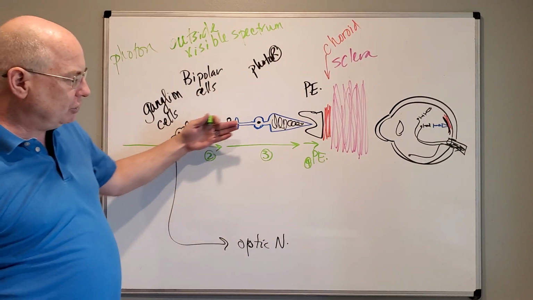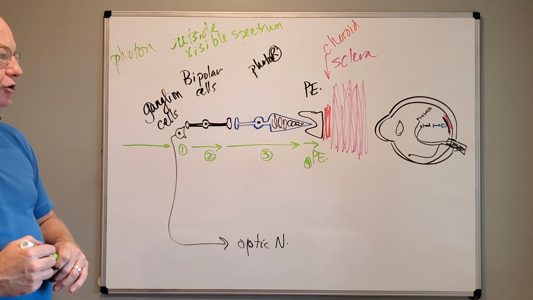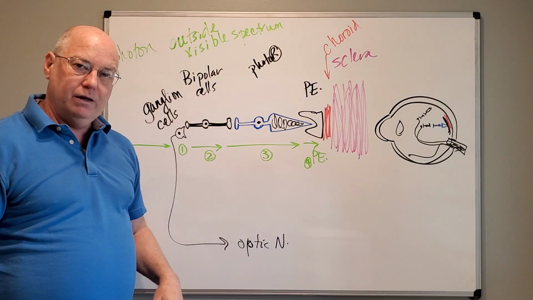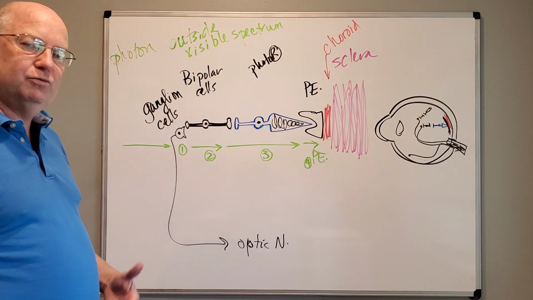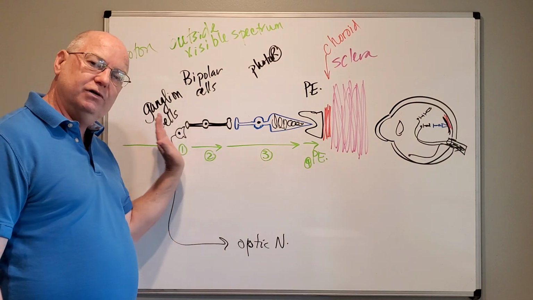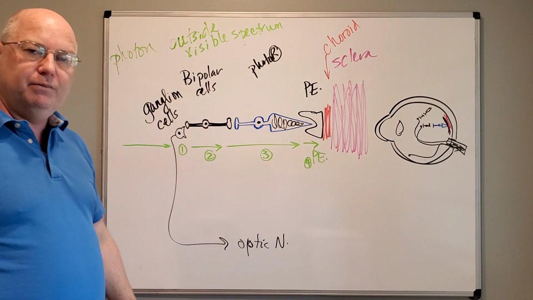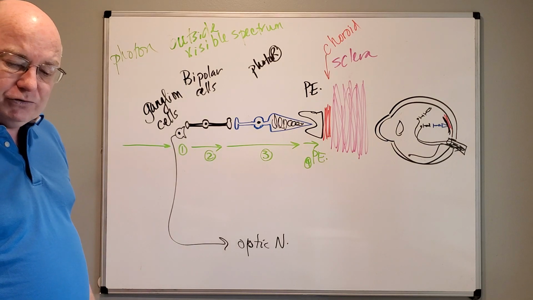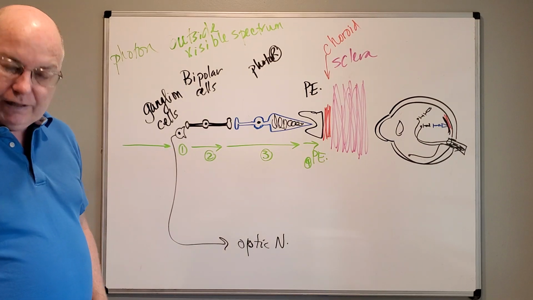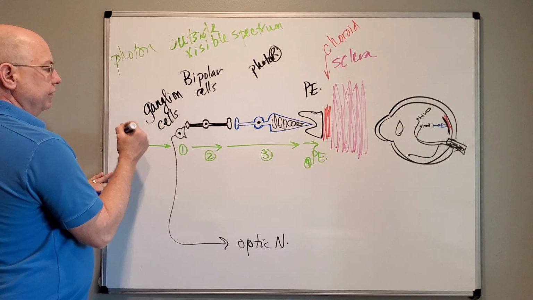That's the order of structures that a photon of light would pass as it's absorbed. Okay? I like to ask that question sometimes. Please list the structures in order that a photon of light that lies outside the visible spectrum will pass into the eyeball.